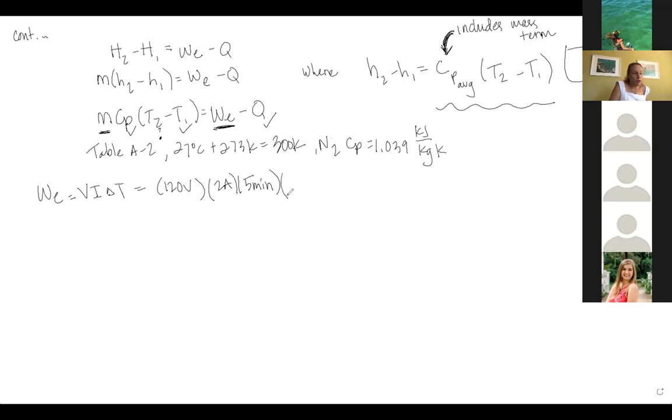We want to convert from 1 minute to 60 seconds. And we want to do this because there's a unit conversion which I would give you: 1 kilojoule per second is equal to 1,000 volts times amps.